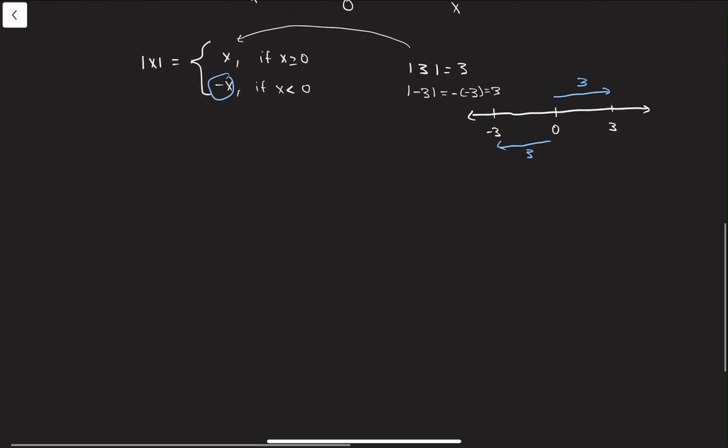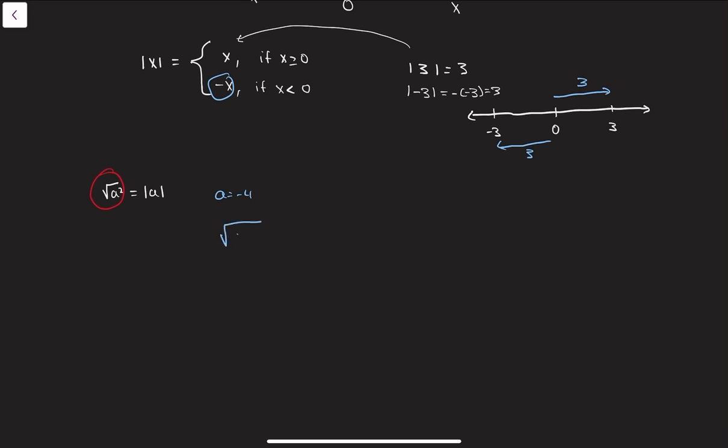You might also see the absolute value defined like this: the square root of a squared is equal to the absolute value of a. That's because the domain of the square root only contains non-negative values, and a squared would always yield a positive value. So let's say a is equal to negative 4.